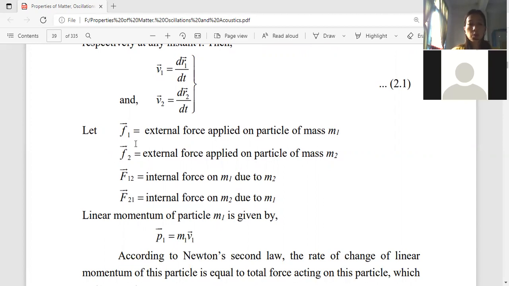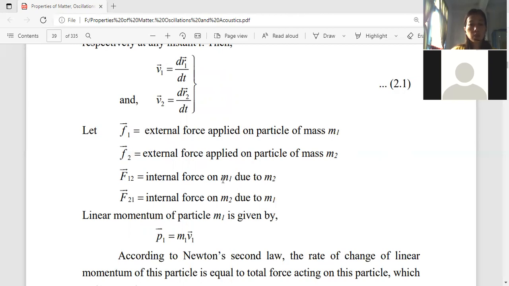So we will apply an external force on the particle of mass M1, which is at point A. Another external force is applied on the particle of mass M2. Whereas there will also be an internal force, which is called internal force.